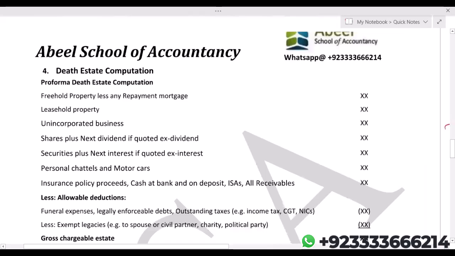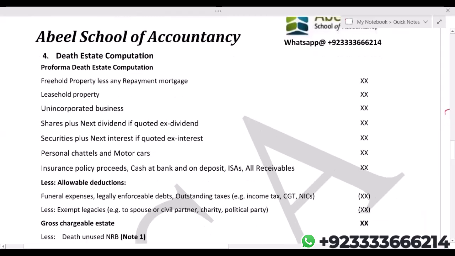Death estate is a really big format, so I will make it very easy. Basically, death estate means when an individual is dead, you have to calculate death tax on the death estate. Death estate means simply you need to know the value of net assets which the individual has left. For example, freehold property less any mortgages.